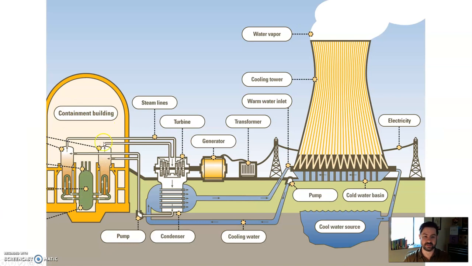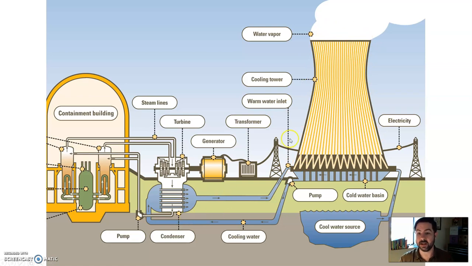Again, there's usually some sort of containment building. That's where the heat is being generated from the fission process. The steam spins a turbine, which is connected to a generator. The generator generates electricity. The water usually goes to cooling towers. So if you see a nuclear power plant, like on The Simpsons, you see this big cooling tower. That's not where the nuclear material is.